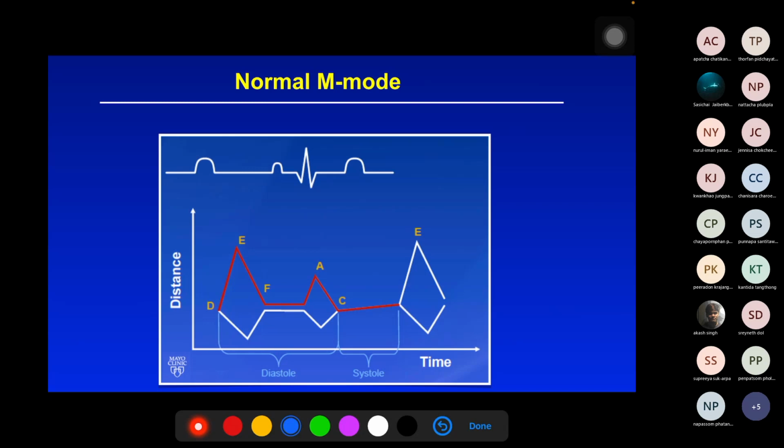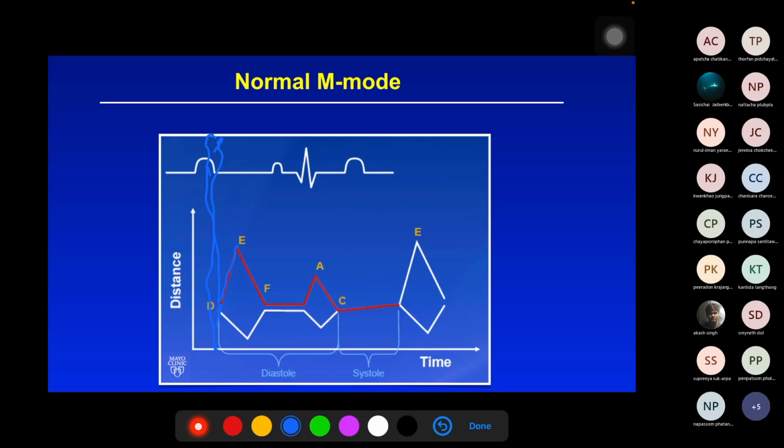Normally, as we told you, start from the end of the T wave. You see this one. It's the diastole, the mitral valve. In diastole, the mitral valve is opening. Start from this one is the IVRT.